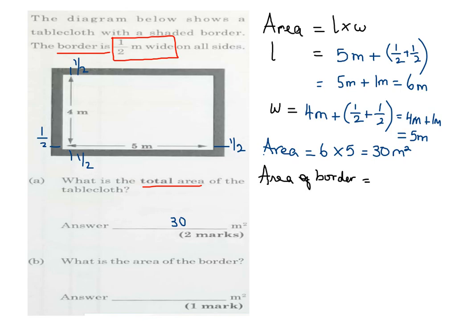So let me just write a statement for that. Total area, take away the inner area. The inner area is the unshaded area of the rectangle.